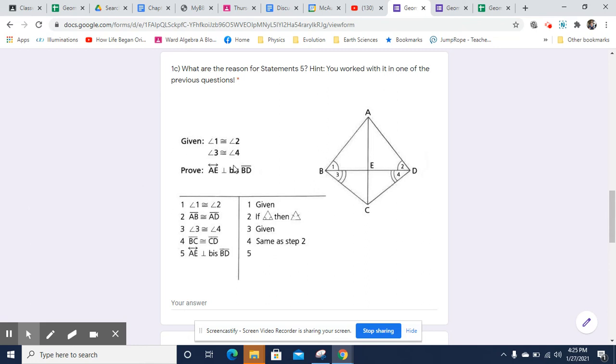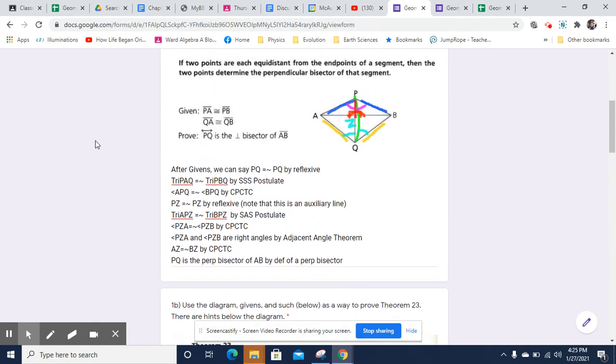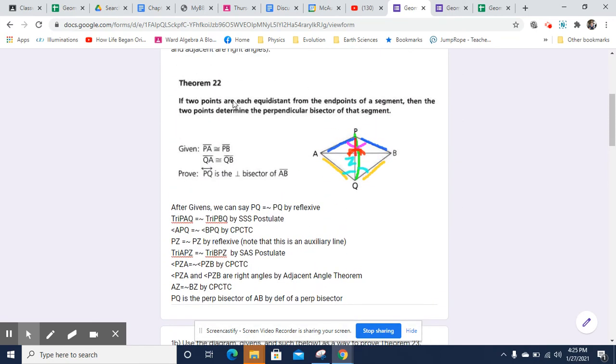Now, in this one, you're going to be working with either that theorem or Theorem 22. If 2 points are equidistant from the endpoints of a segment, then those 2 points determine the perpendicular bisector of that segment.